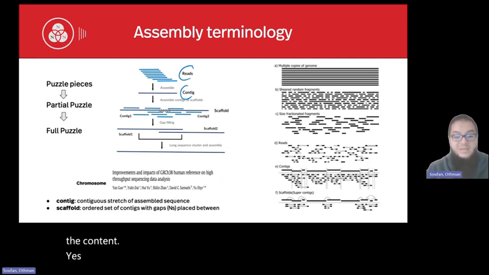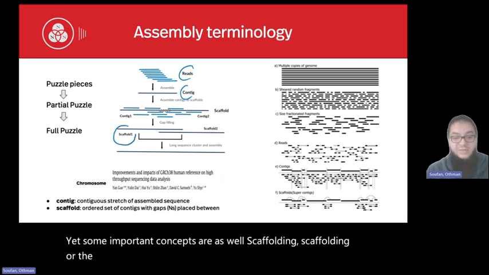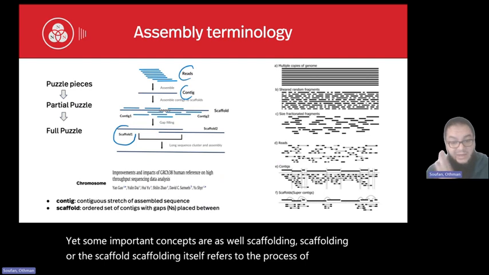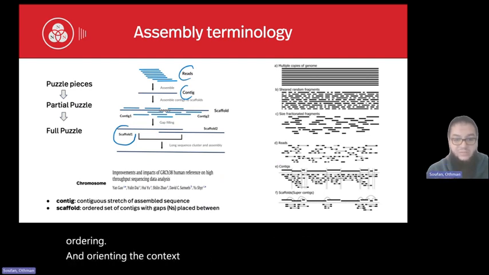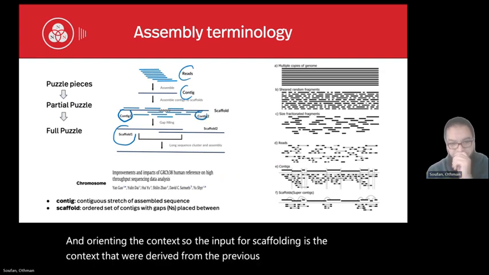Yet, some important concepts are scaffolding, or the scaffold. Scaffolding itself refers to the process of ordering and orienting the contigs. So the input for scaffolding is the contigs that were derived from the previous step.